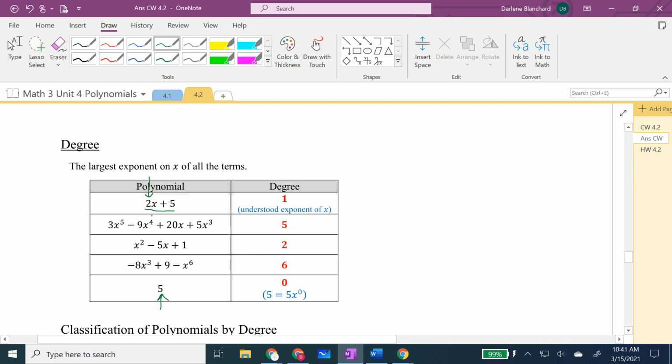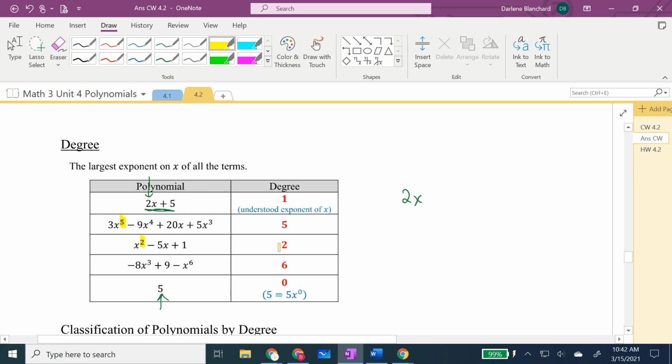But if you have a line formula, a linear, where you have a number times x plus a number, that is degree 1. Now, if your polynomial had been just the 2x and not having the plus 5, it would still be degree 1. For the next polynomial, the largest exponent is 5, so it's degree 5.